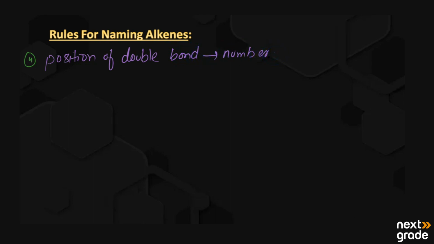For example, if there is a compound like CH3-CH=CH-CH2-CH3, we will start the numbering from the side where the double bond carbon has the lowest number. If I start from this side, this carbon will have number two; if I start from the other side, it will have number three.